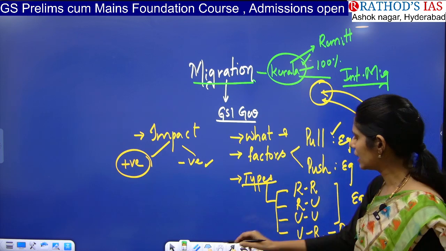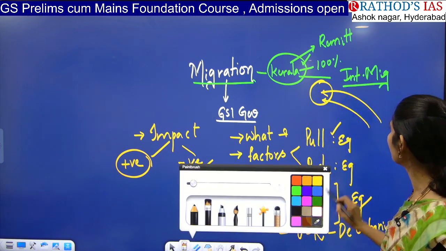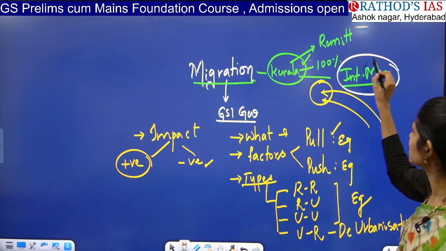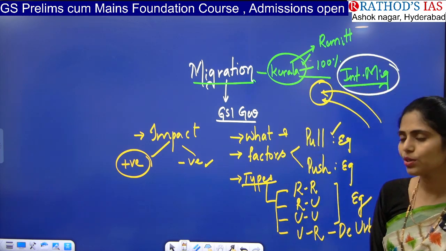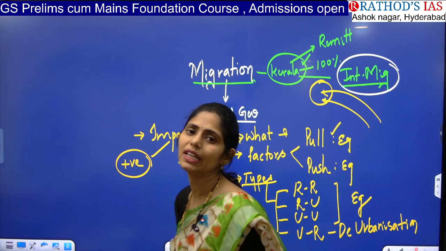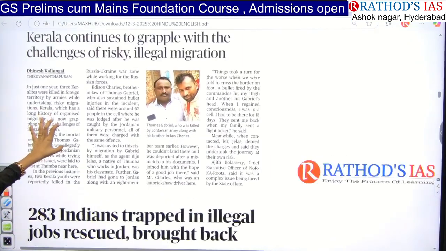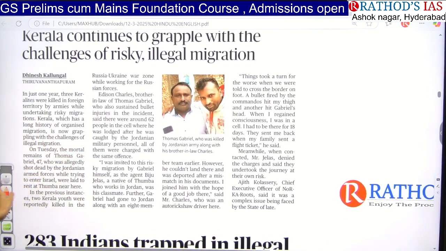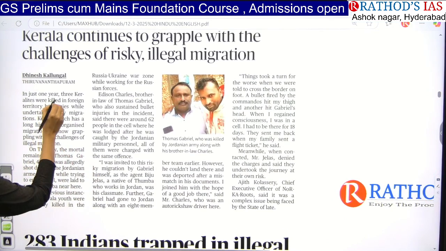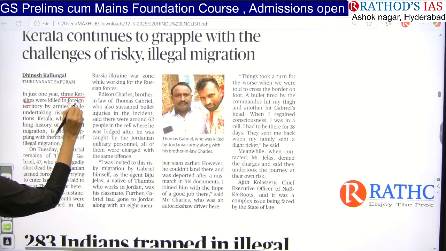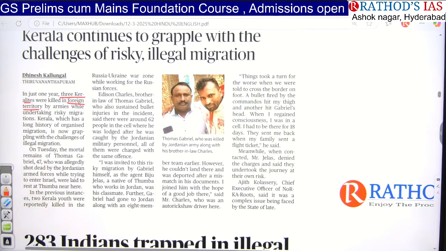Here this article is saying that yes, Kerala is having certain problems with these international migrations. So what are those? Killings are happening in other countries. Here you have to make a note of recent incidents of killings. Just in 1 year, 3 Keralites were killed in foreign territory by armies, in Jordan.